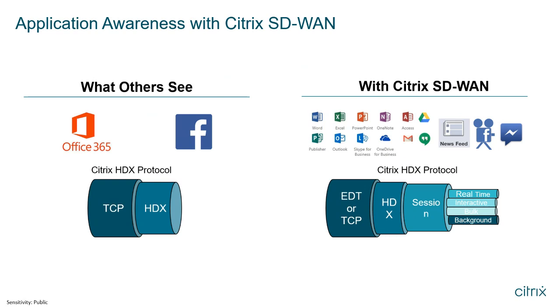We can understand, for example, keystrokes may not need to be real time, but audio and video definitely do. And by having the insight into that session, you can differentiate that different traffic down those Citrix channels and accelerate accordingly.